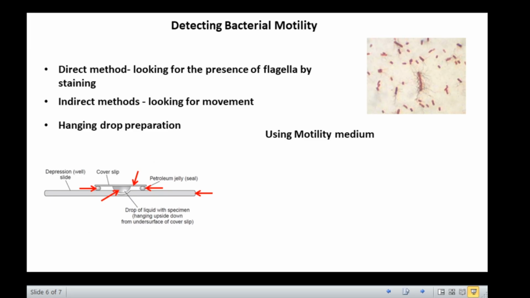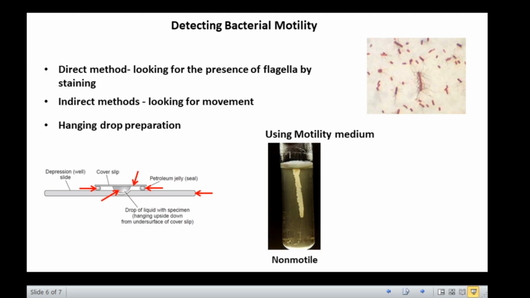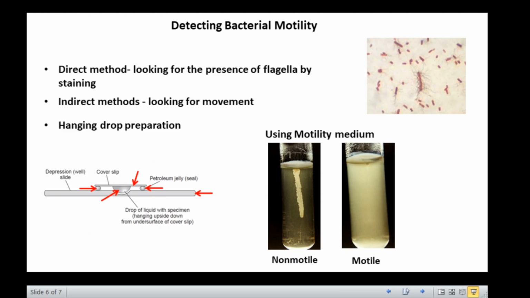After incubation, if turbidity due to bacterial growth is observed only near the stab line, then the bacterial culture is non-motile, as can be seen here. But if the turbidity indicating bacterial growth is seen away from the line of the stab, it is evident that the bacteria were able to swim through the medium, as can be seen in this picture.